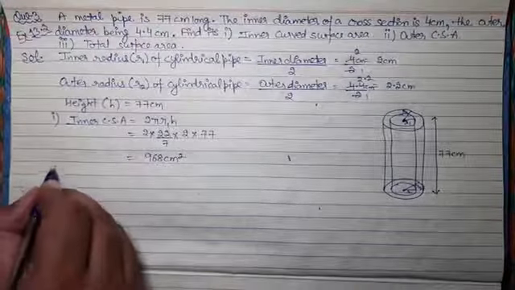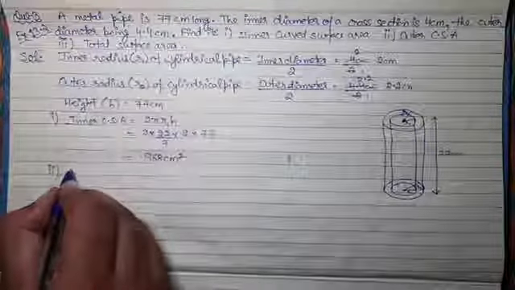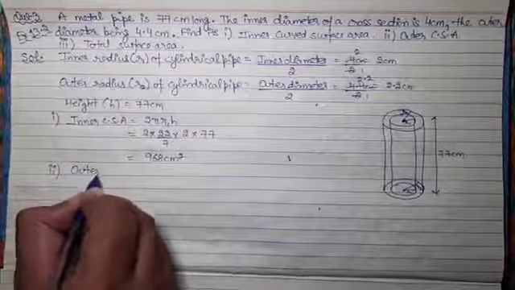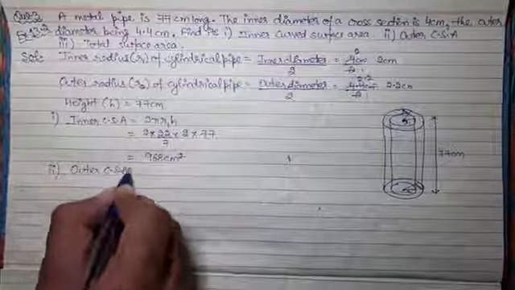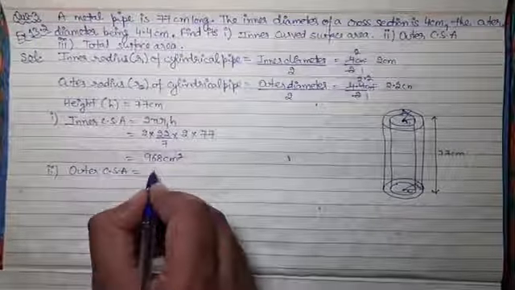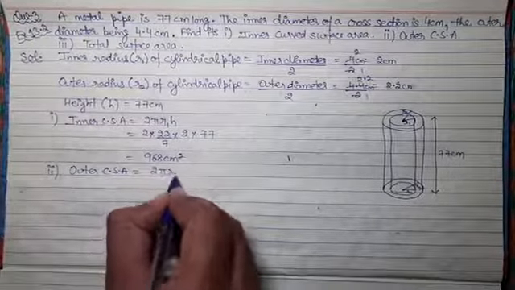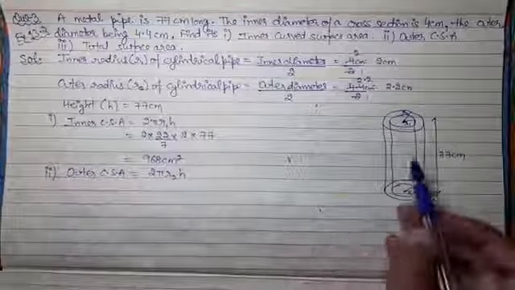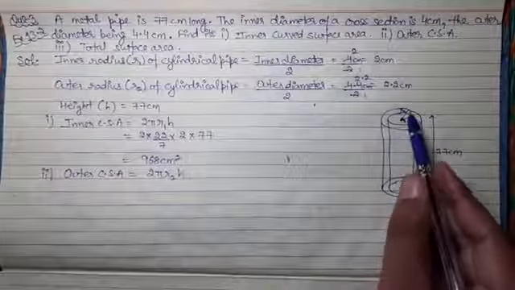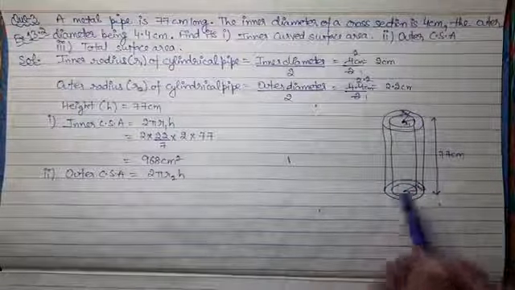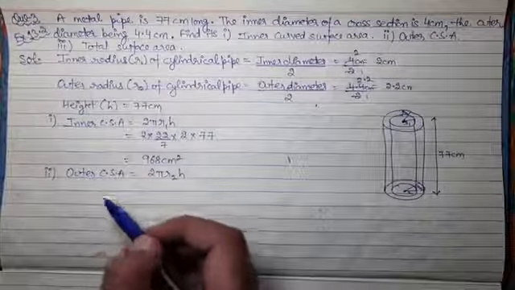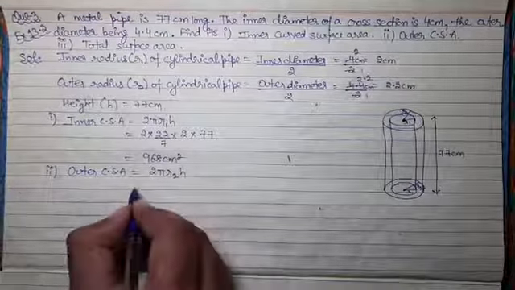Similarly, outer curved surface area is equal to 2 pi R2 H. R2 is the outer radius. Height will be the same for both inner and outer curved surface area.